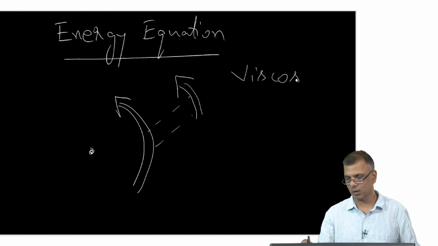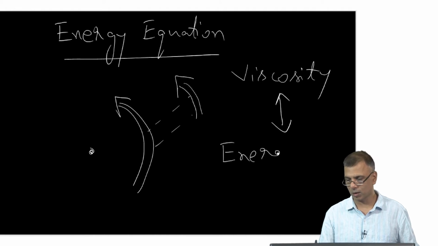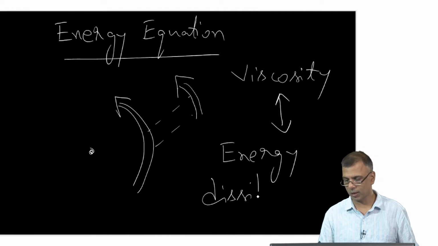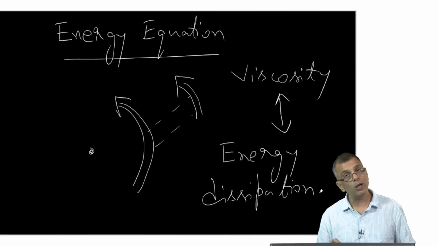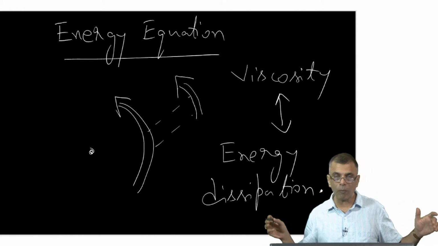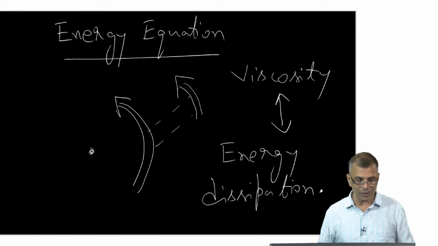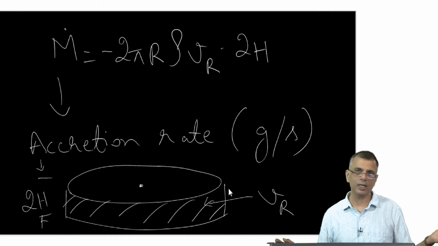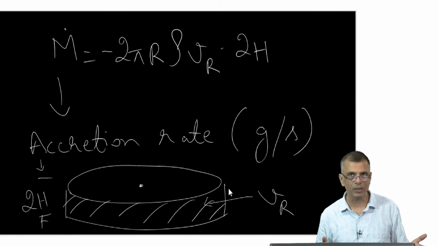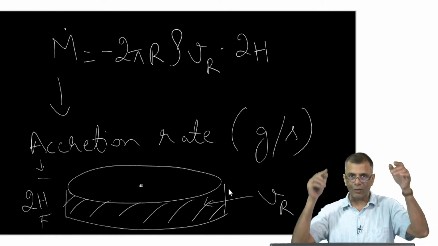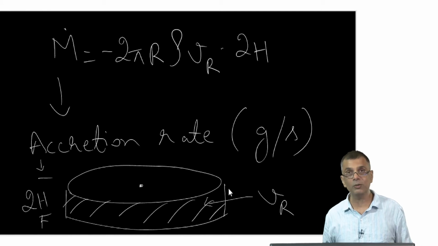Viscosity and energy dissipation go hand in hand. And why are we interested in energy dissipation? Well, that's the whole point, isn't it? Accretion disks that look like this can be accreting, anything can be happening, right? We are not in a position to go to the active galactic nucleus and see what's going on.